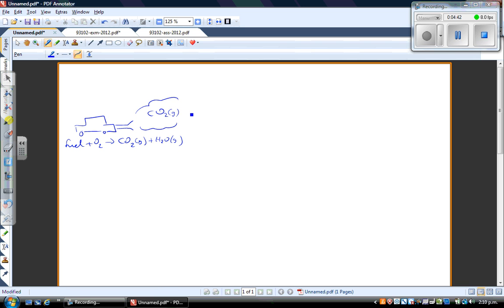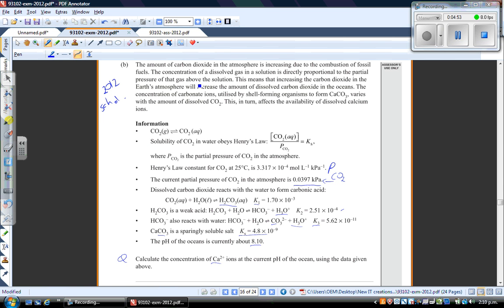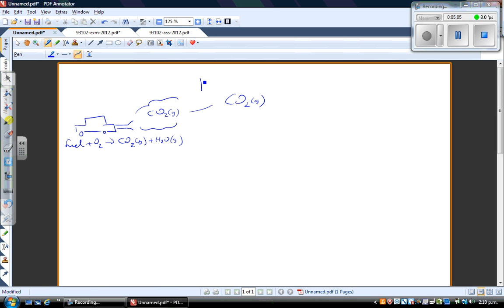And we're talking about this stuff enhancing or contributing to the atmospheric levels of gaseous carbon dioxide. Then we go back to the exam question. The concentration of dissolved gas in a solution is directly proportional to the partial pressure of that gas above the solution. So the partial pressure on this gas, we can just represent that with a large piston.